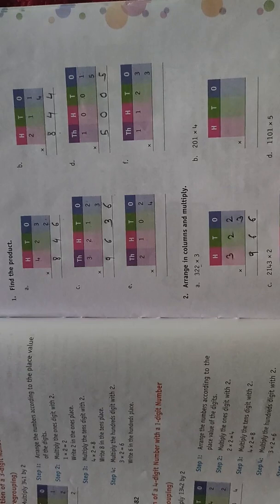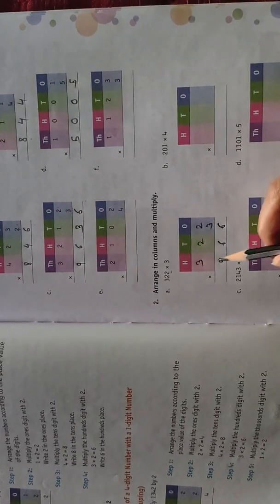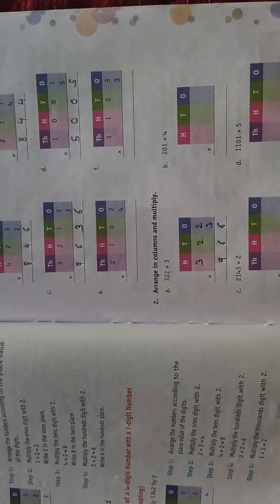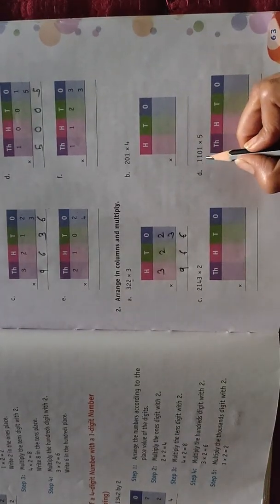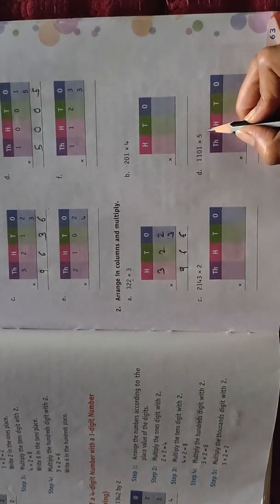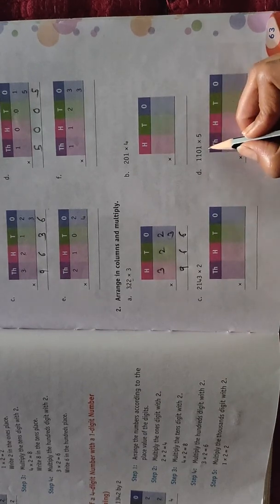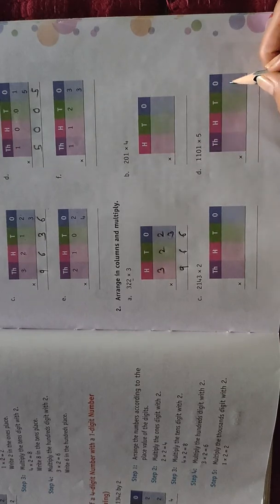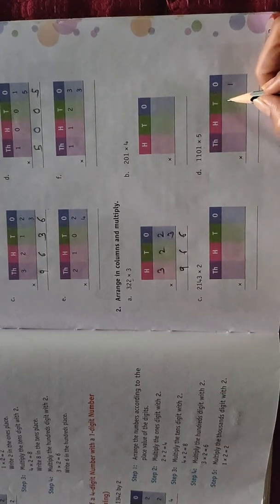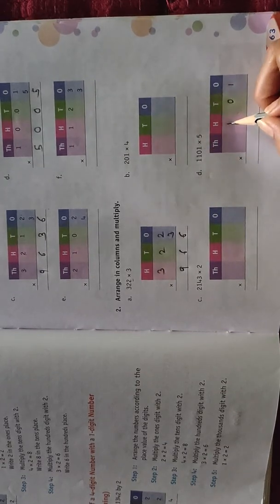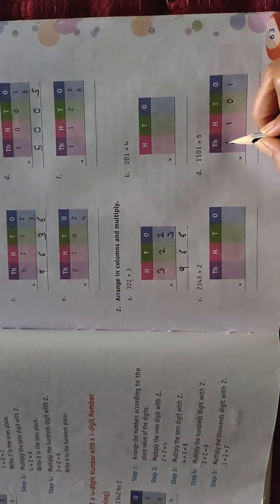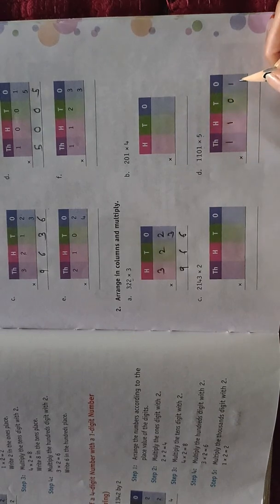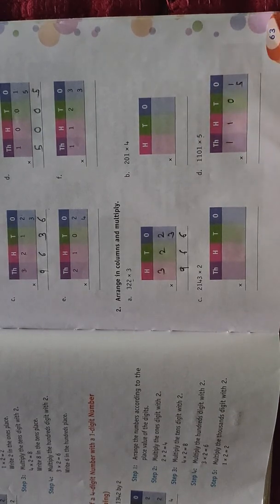Next, I hope you can do the B sum. I'll solve here D sum. 1101 multiplied by 5. First arrange the given value in the columns. 1 is on ones, 0 is on tens, 1 is on hundreds, and again 1 is on thousands. Next, multiplied by 5. As 5 is a one-digit number, we'll write 5 on the ones column.